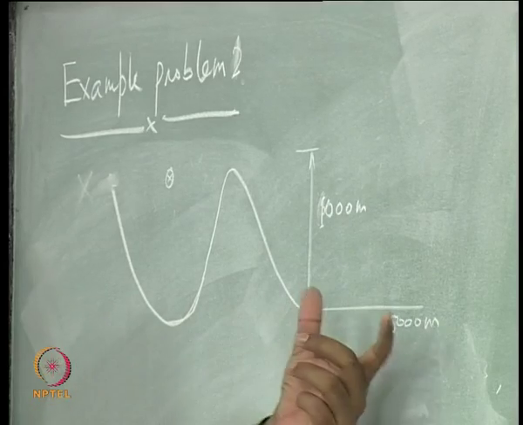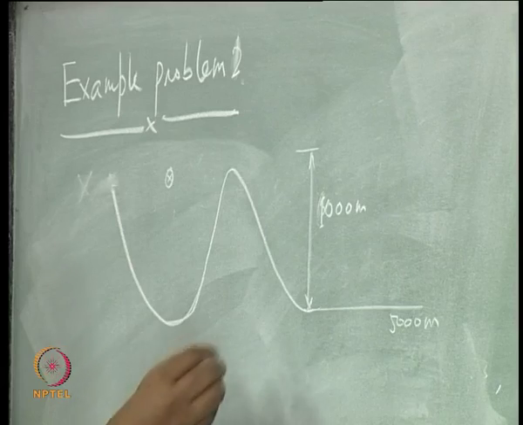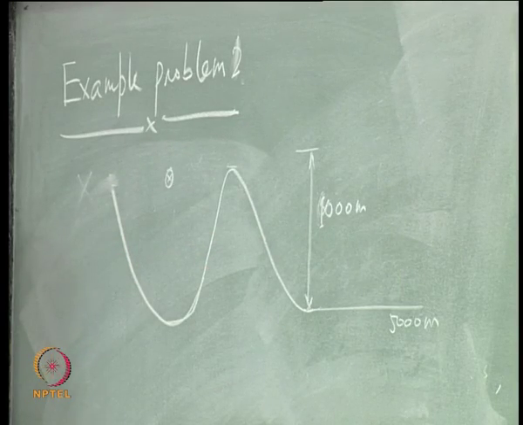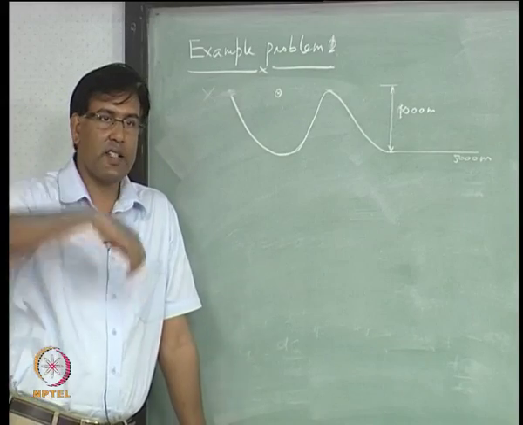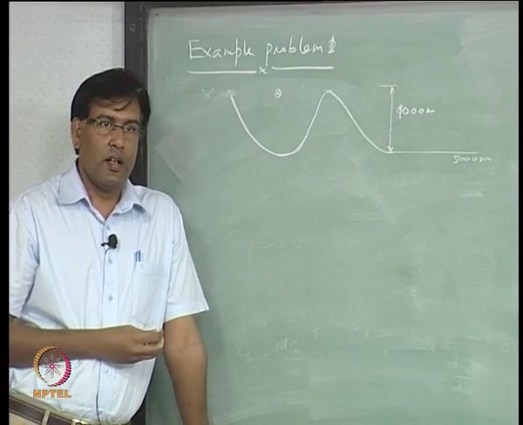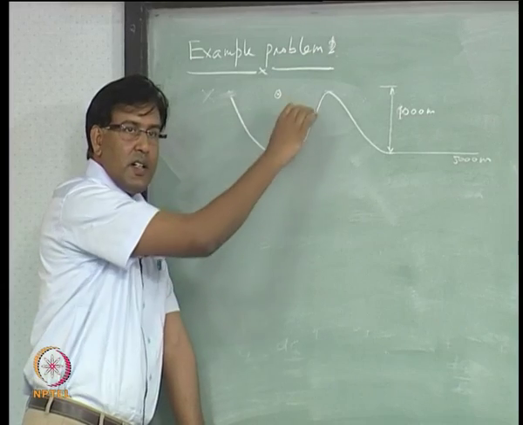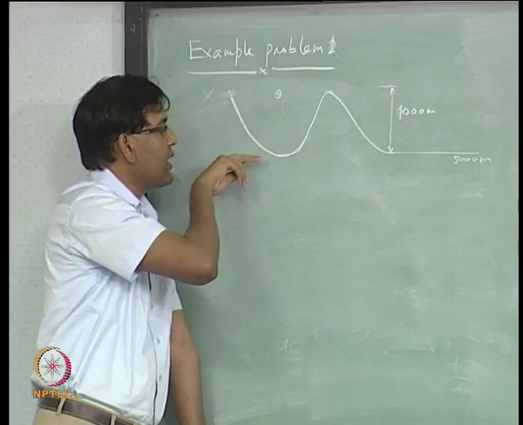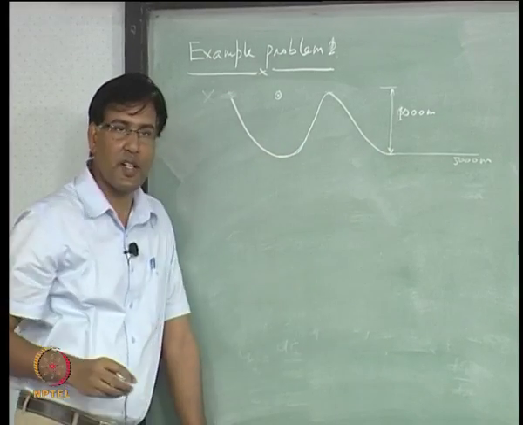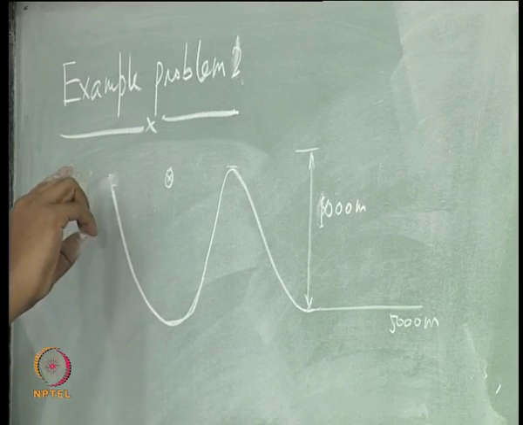There is a trainer aircraft which is flying level at 5 kilometer, and then it starts climbing, and after reaching this additional 1 kilometer it takes a dive. Right, and it comes to the bottom of this path which is semicircular, and the bottom of this path is at this 5 kilometer level, and then it completes this semicircle.